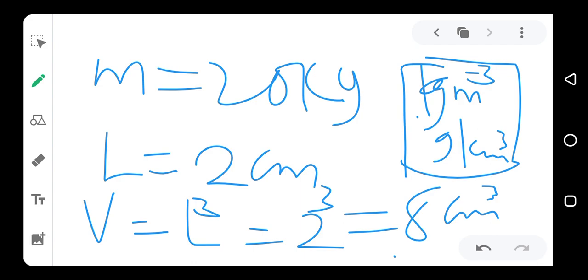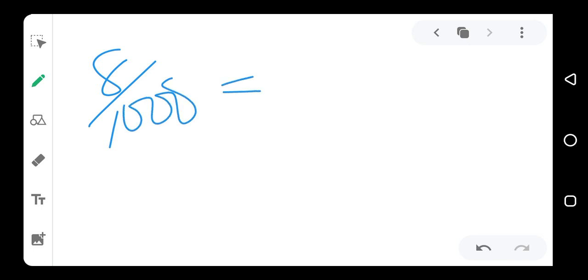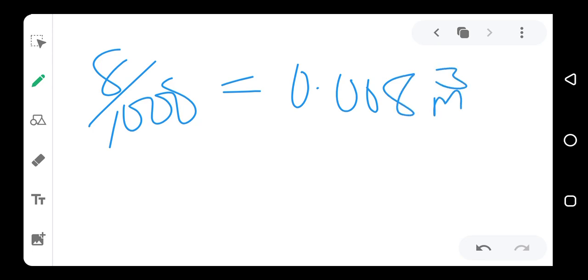So this will give us 8/1000, and that gives us 0.008 meter cube. And with this, we now calculate the density.